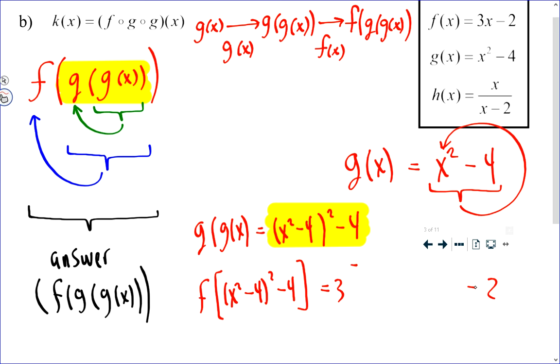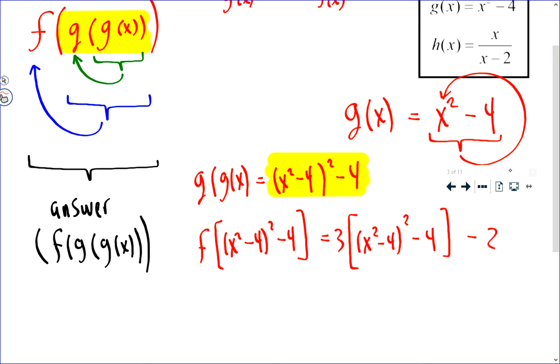The input is x squared minus 4 quantity squared minus 4 because the input is g of x, and g of x was found by putting x squared minus 4 in for x in x squared minus 4. As I said, this is confusing with 3 functions.